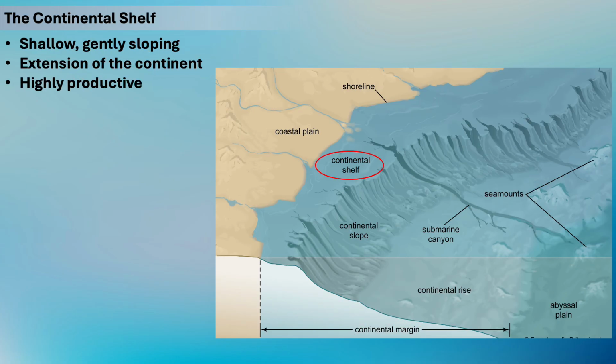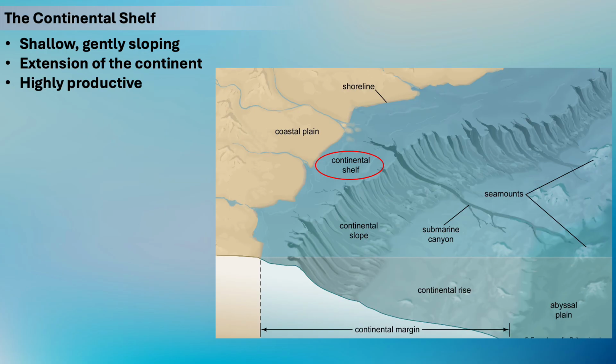The continental shelf is the shallow, gently sloping region that extends outward from the coastline. Although shelves can extend hundreds of kilometers offshore, they are typically less than a few hundred meters deep.